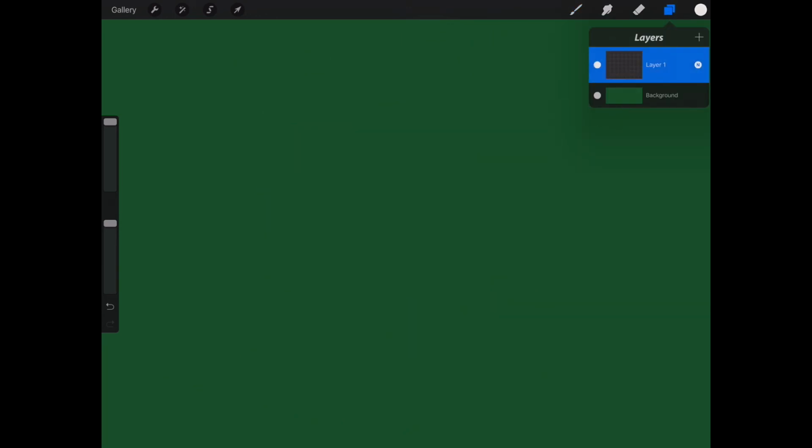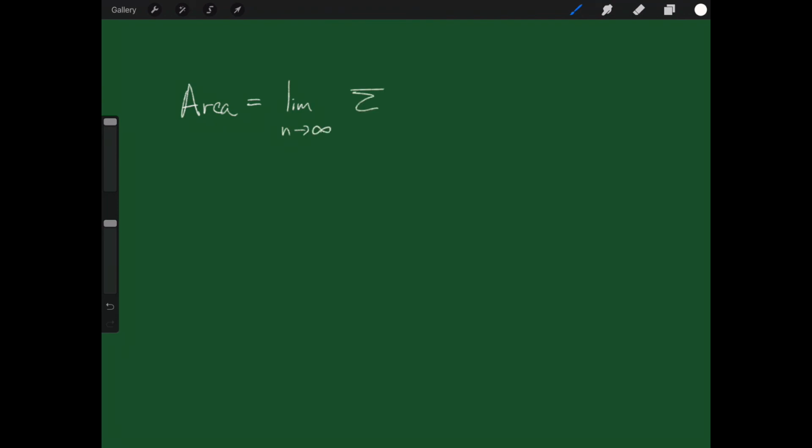I'm going to clear this, and so what I want is, if I want actual area, then I want to take the limit as the number of rectangles n goes to infinity of this sum, k going from 1 to n, of this f of a plus k delta x times delta x.